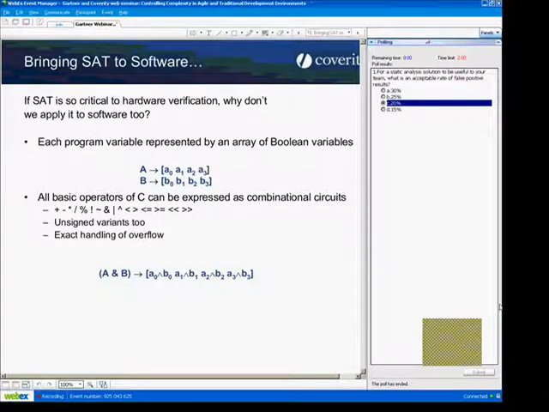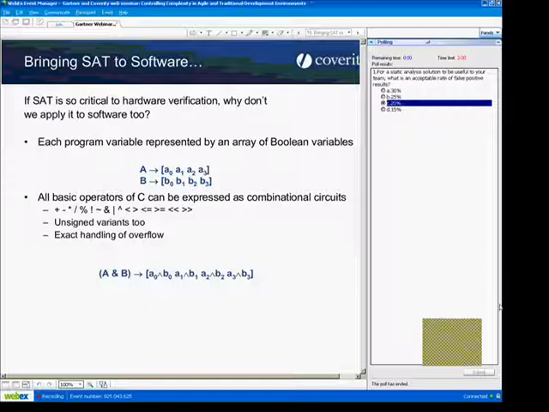So we want to bring this kind of technology to software so that we can use it to analyze software systems. And the question is, well, if it is so great for hardware, why haven't we been doing that for software for a while? It's a little bit trickier in the software world because unlike a chip design, which is basically already in that format of ones and zeros, ands, ors, and nots, the gates that make up the chip, and the high voltage, low voltage that you plan on pushing through those gates, software is written in a high-level language, right?